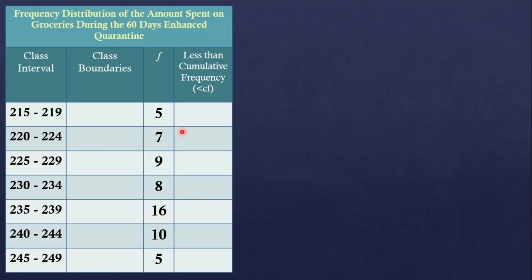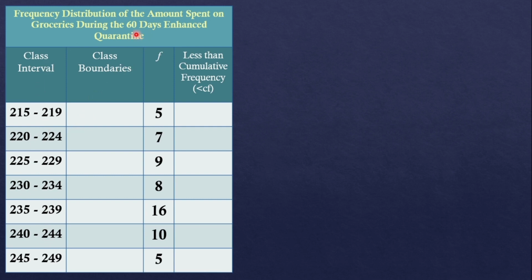So, I have here the frequency distribution of the amount spent on groceries during the 60 days enhanced quarantine. So, ito po yung mga amount in pesos na nagastos ng isang pamilya sa loob ng 60 days enhanced quarantine.